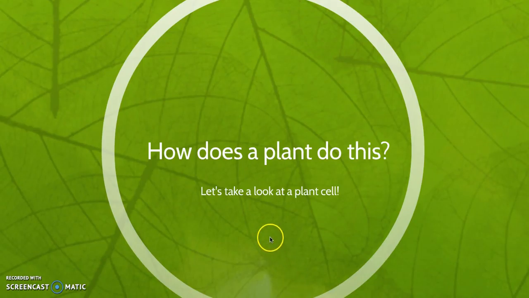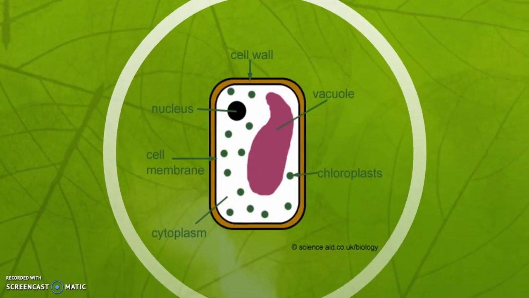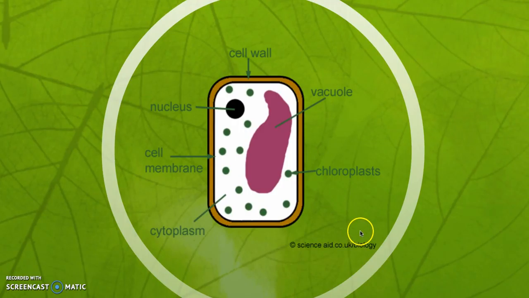So now we're going to look at a plant cell to be able to tell how a plant can actually do this. There are a few main structures. This is a plant cell, by the way. The structures that are labeled here are the main parts of a plant cell that enable photosynthesis to occur.